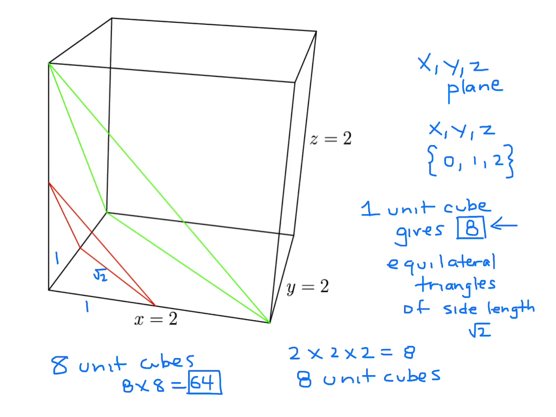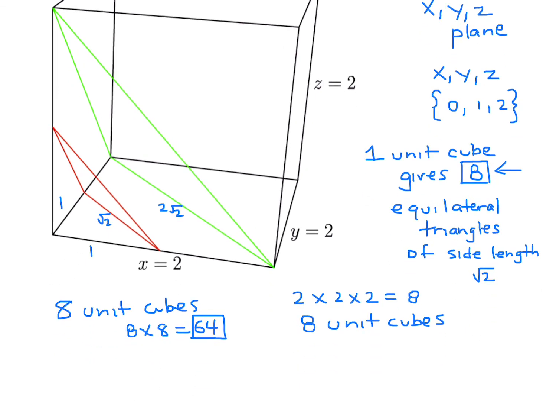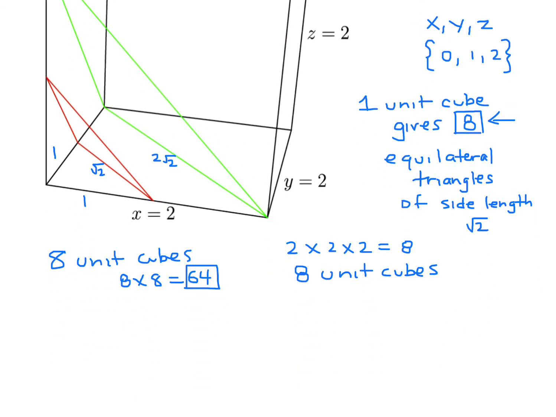At this time, we are now drawing side lengths that are much longer, double the length. So instead of root 2, these now have side length 2 root 2. All right? Now, how many of those green triangles can I make? In a very similar way, each of these vertices will produce one such triangle. So there's 8 that will be produced by the big cube.